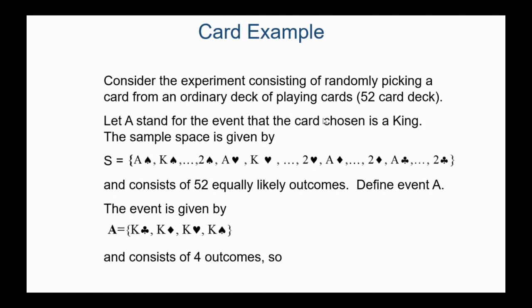Four out of 52. So the probability of A is 4 over 52, which reduces to 1 over 13.